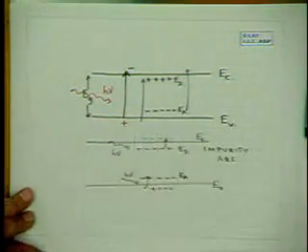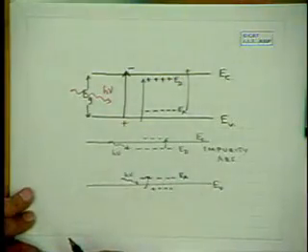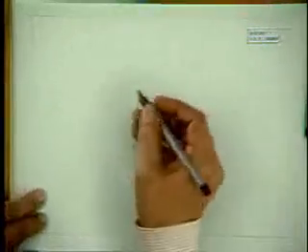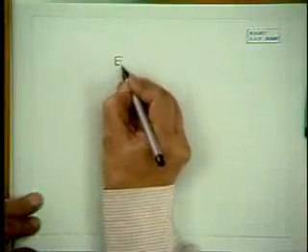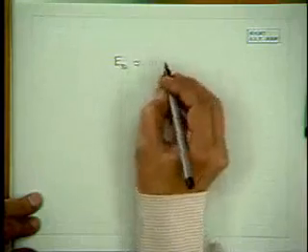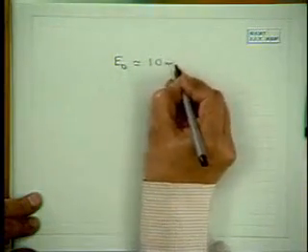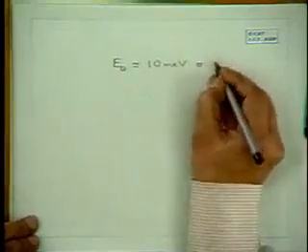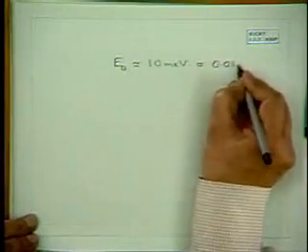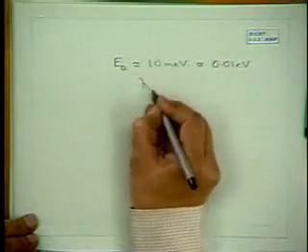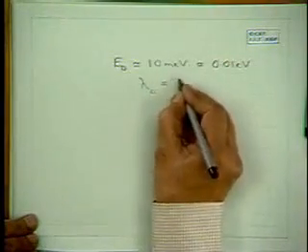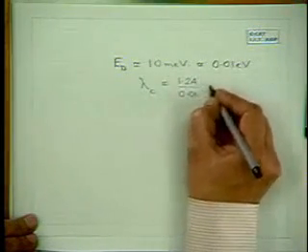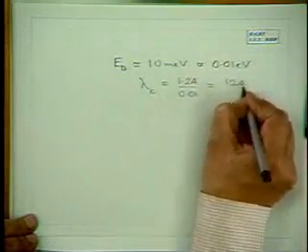These absorptions are at long wavelengths because, as we know, if Ed is of the order of, say, 10 meV or 0.01 electron volts, then lambda is 1.24 by 0.01 or 124 microns.